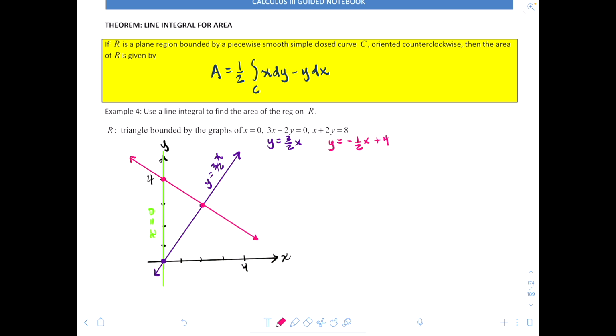Cool. So now, here we go. We want it to be counterclockwise, right?